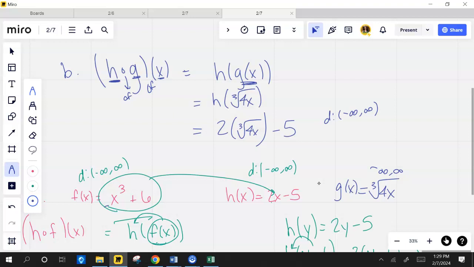Cube roots can have negatives under there, because what's the cube root of a negative number? Another negative, because a negative times a negative times a negative gives you a negative. Because it's a cube root, look at your cube root parent graph. There's no restriction on that.